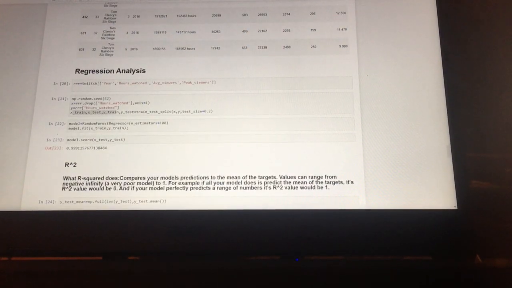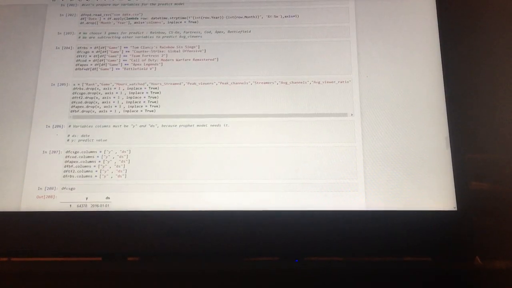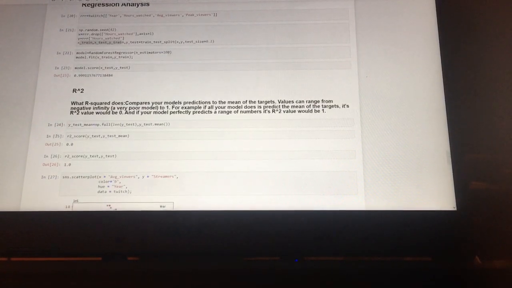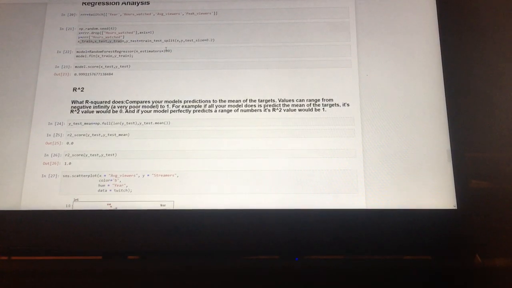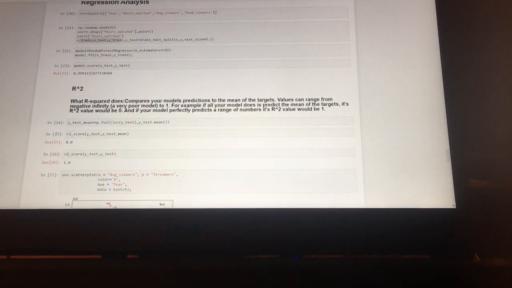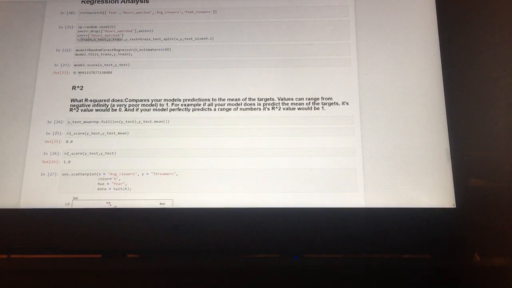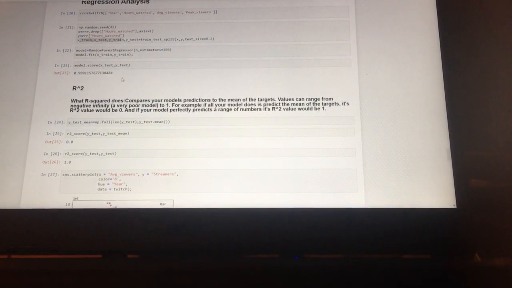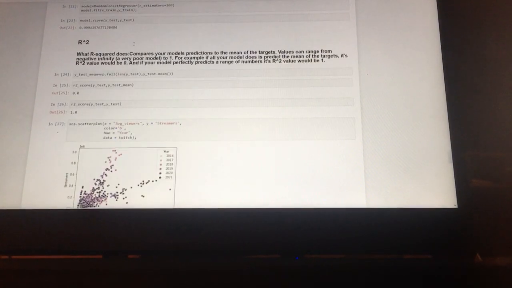In regression analysis, we use the R-squared Prophet method. Model score is about 0.999115, which is not great, but it's okay to use.